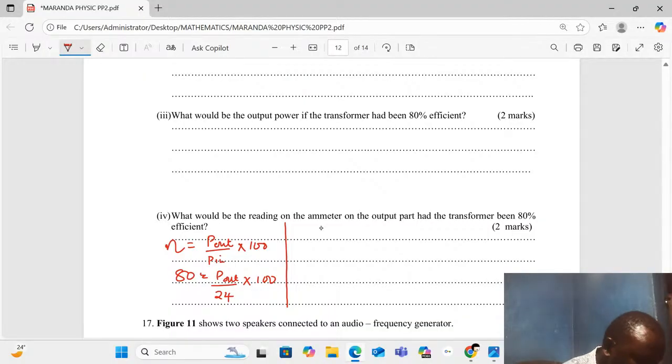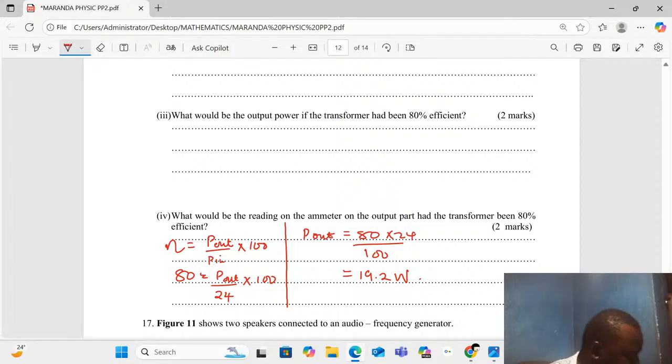And therefore this gives P out as 80 times 24 divided by 100. And from calculation, it will be 19.2 watts.